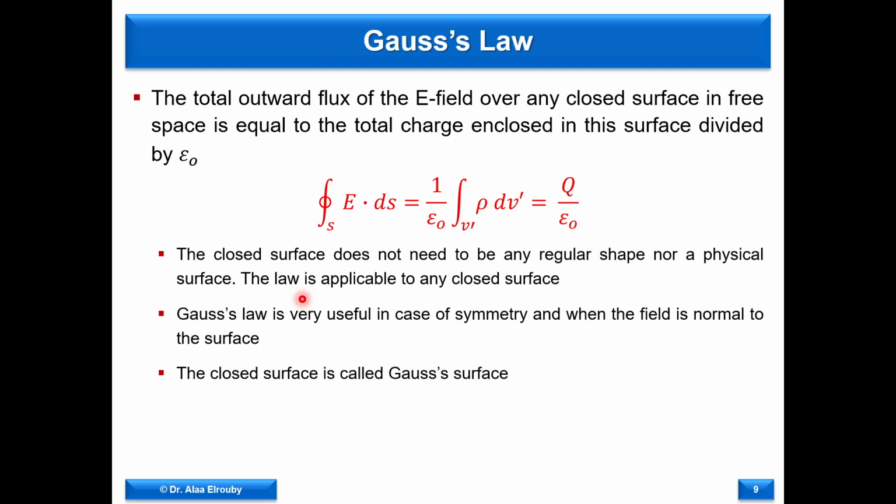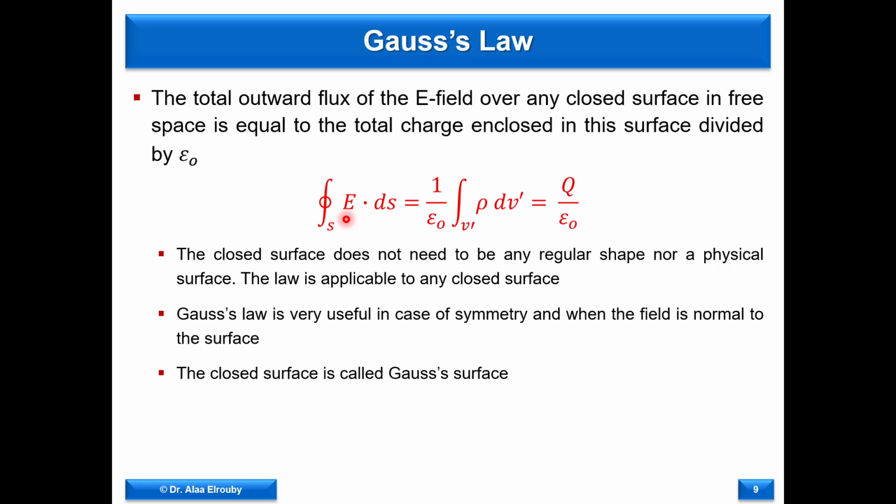Okay, moving to another topic, which is Gauss's law. As we said in the previous lecture, Gauss's law is one of the fundamental laws of electrostatics, and it is always valid, but as we said before, it is not always useful. It is useful when we choose the surface where we integrate in a proper way so that we can simplify the solution of the problem.